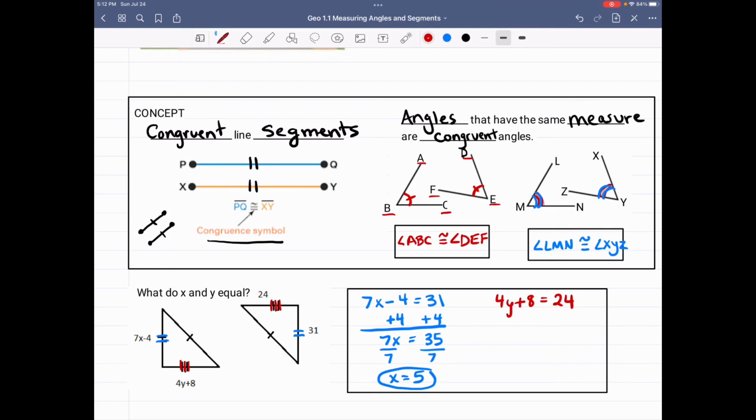Solving this next one, for y, we minus 8 on both sides. The 8's will cancel, bring down the equals, bring down the 4y. 24 minus 8 is 16. Next up is 2. That's right, divide. Y equals 4, because 16 divided by 4 is 4. And those 4's canceled.